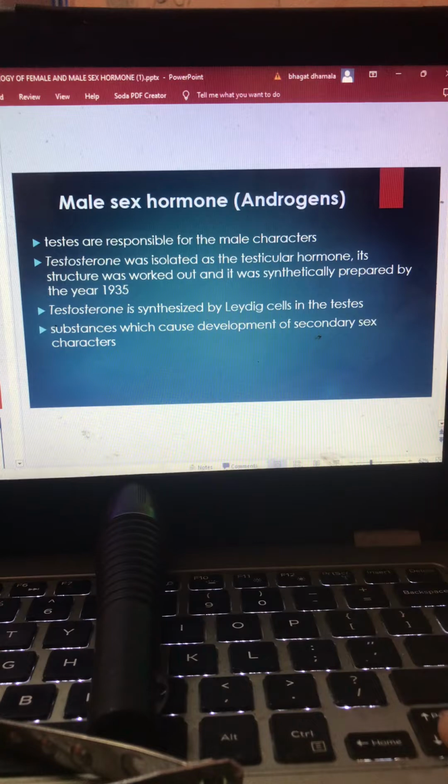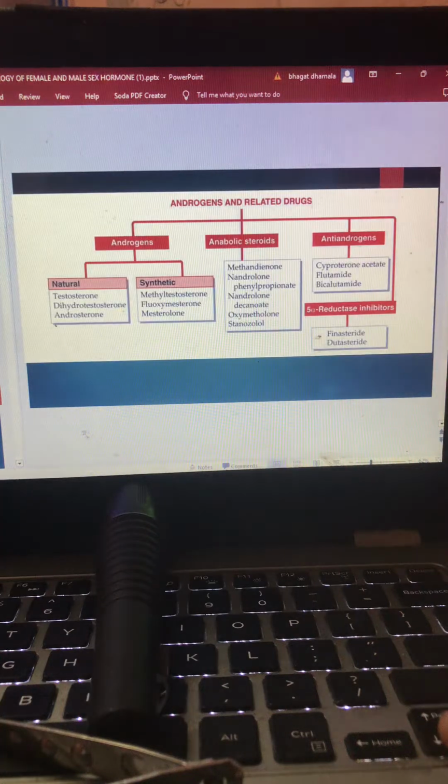Testosterone is synthesized by the Leydig cells in the testes, and the substance which causes development of secondary sexual characters is testosterone. Androgens and related drugs include androgens, anabolic steroids, anti-androgens and 5-alpha reductase inhibitors.